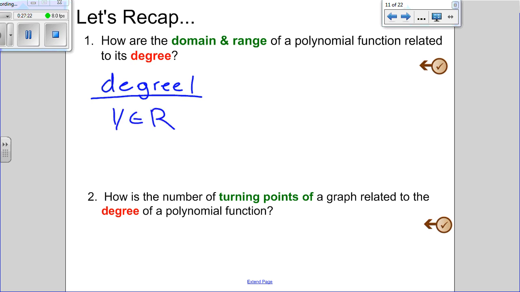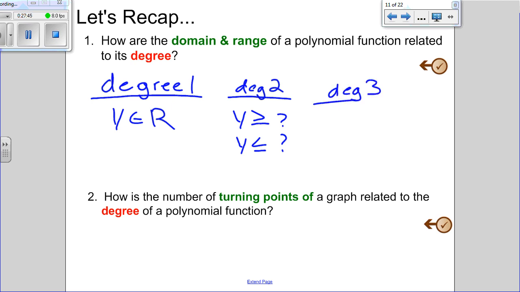These caused quadratics. So degree 2 had to be y is greater than or y is less than something. When we did degree 3, our cubics from today, we noticed that every single one was y ∈ R again. That's not a coincidence: degree 1 was fine, even degree wasn't, odd degree was good again.